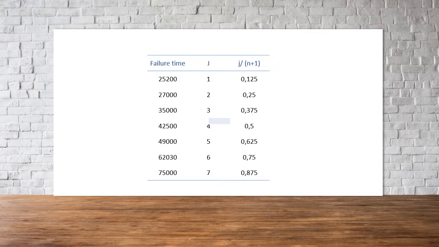So first we sort the failure times. You can see we sort them from lowest to highest. Then we have this J number. This would be the rank of each failure time, and we calculate this number for each failure time.